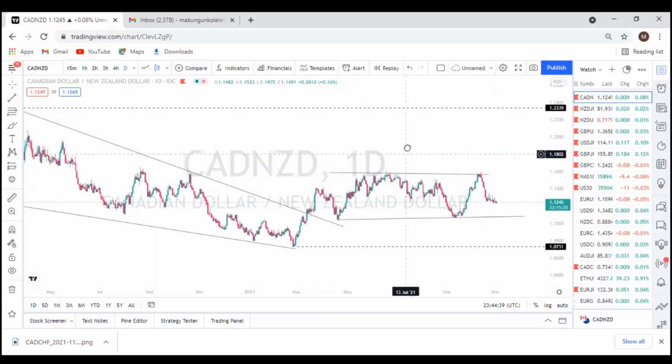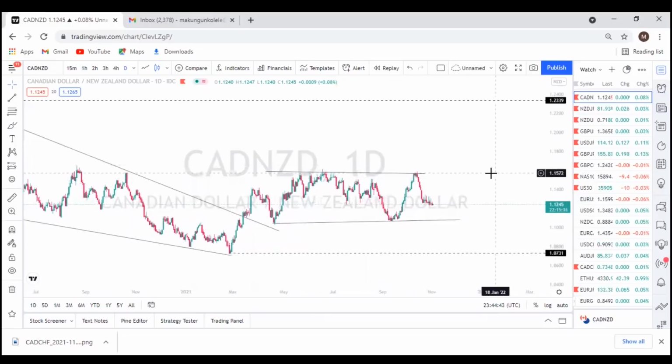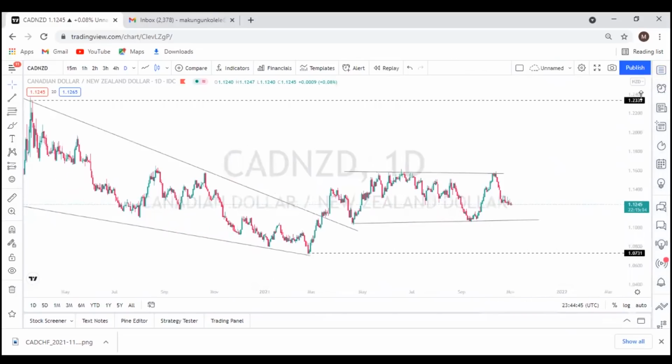So with our structure here on the current price, let me just take that away. As you can see with our structure, we are still forming the 1, 2, 3 movement.